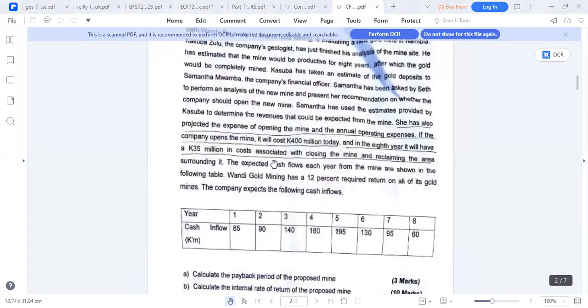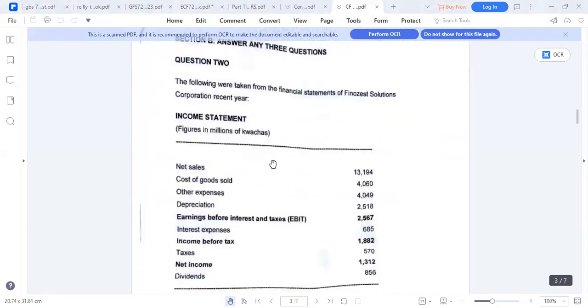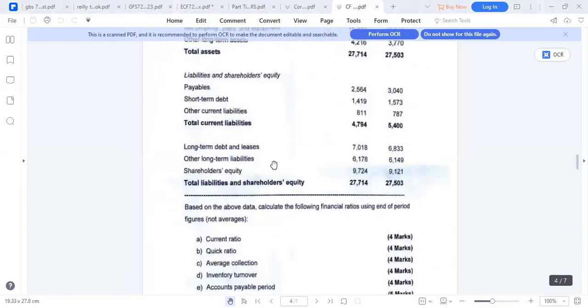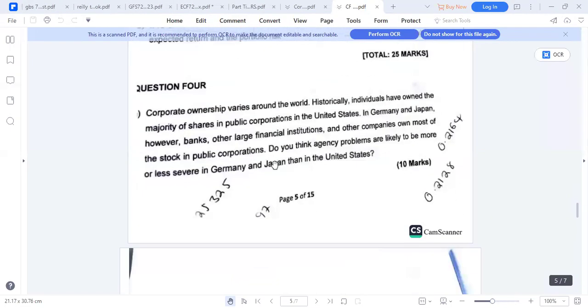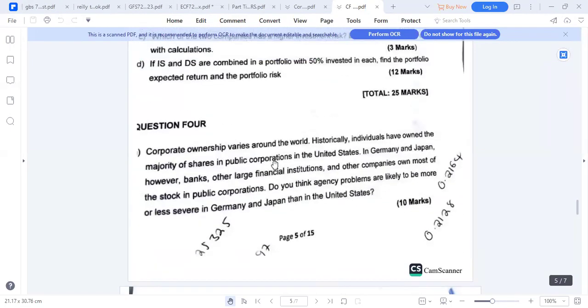Okay, so let's look at another question. This was last year's paper. Corporate ownership varies around the world. Historically, individuals have owned the majority of shares in public corporations in the US, in Germany, in Japan.